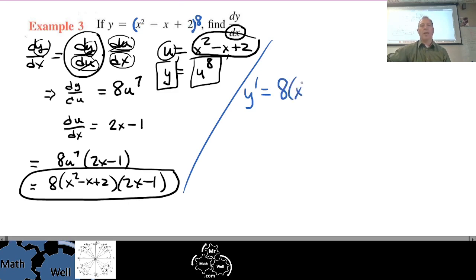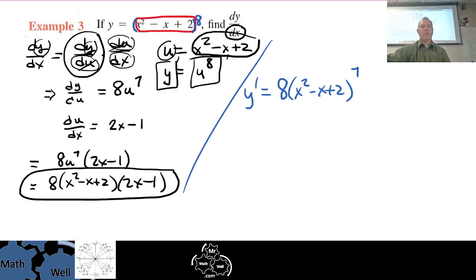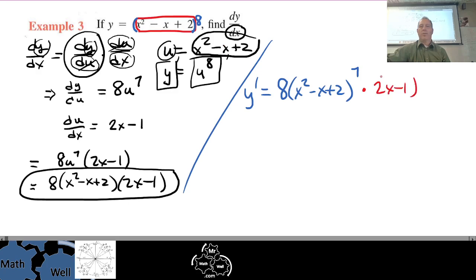So 8 times x squared minus x plus 2 to the power of 7. That's my first round of taking the derivative of the outside. And then I'm going to multiply by the derivative of the inside, highlighted in red here, so times 2x minus 1. Boom, done.